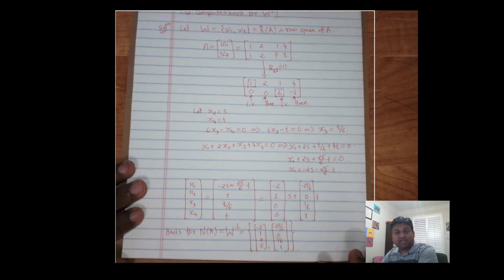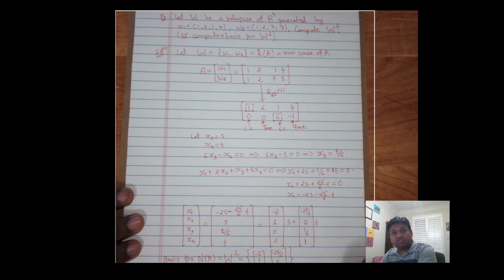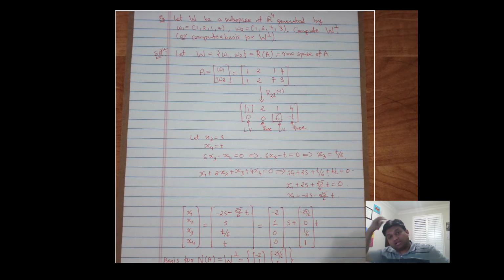Again, it's a very simple idea. I gave you the basis for some subspace of R4, and I asked you to compute the basis for its orthogonal complement. Fairly simple deal.